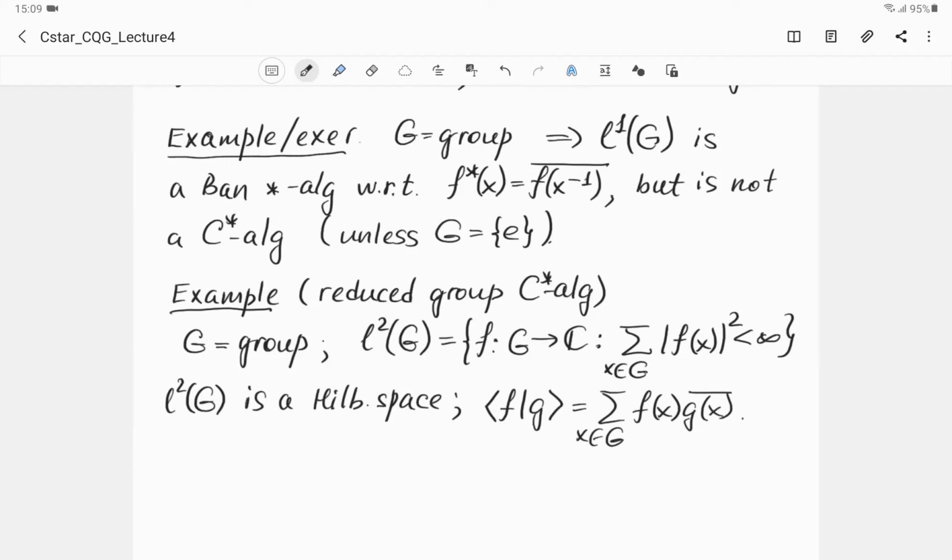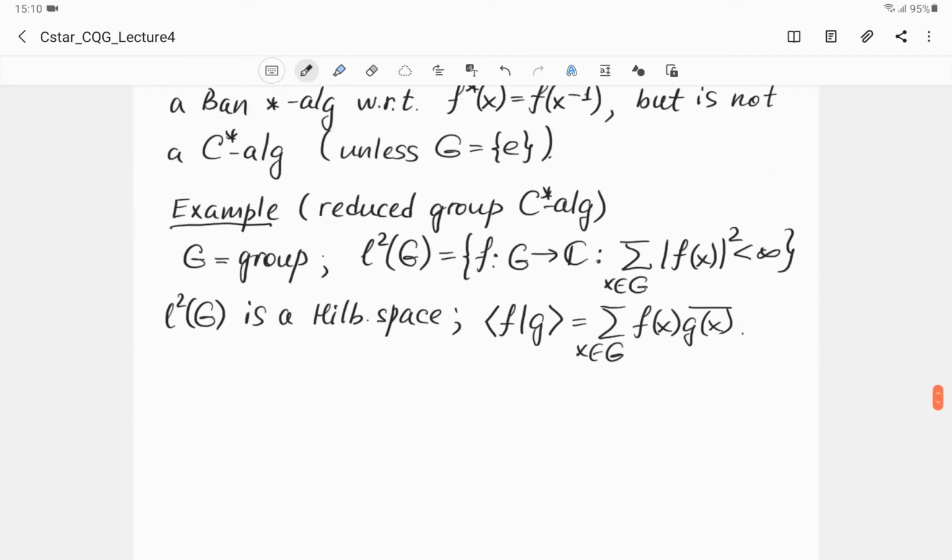Because this is just an example, we consider only discrete groups. But this example and, by the way, the group algebra little l1(G), all of them have natural extensions to arbitrary locally compact groups.